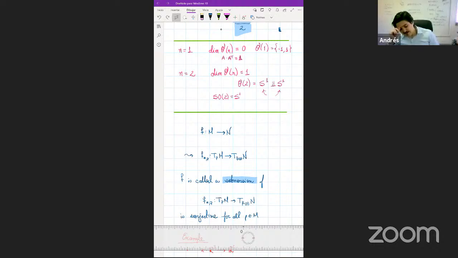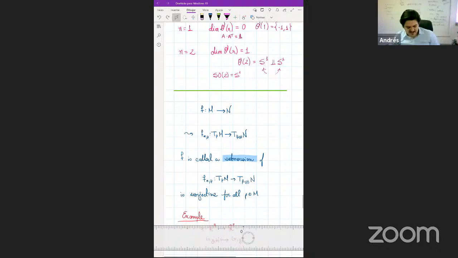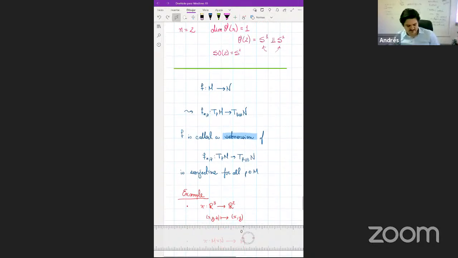A function like that is called a submersion. And in last class, we looked at this example in detail, what happens with the differential, which is just the projection. ddx and ddy project to themselves, and ddc goes to 0. So this is an example of a submersion.